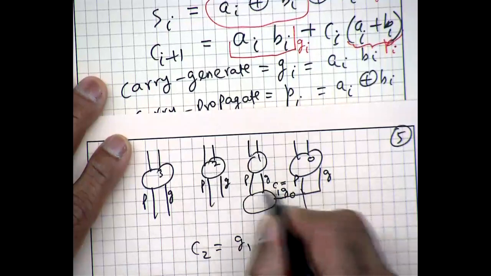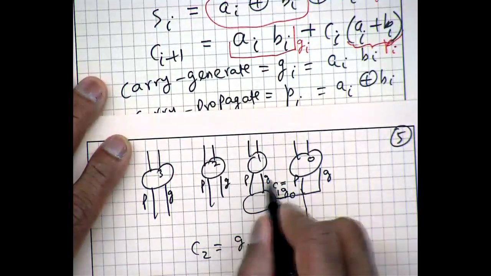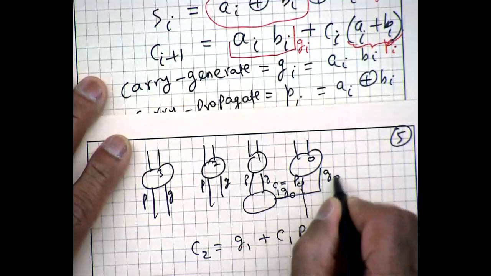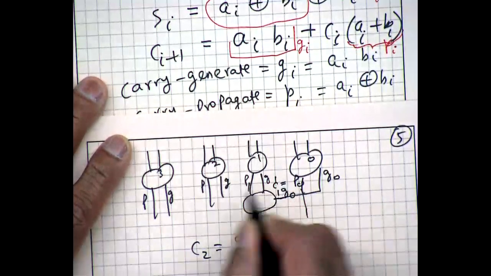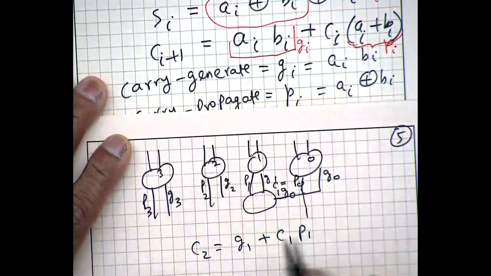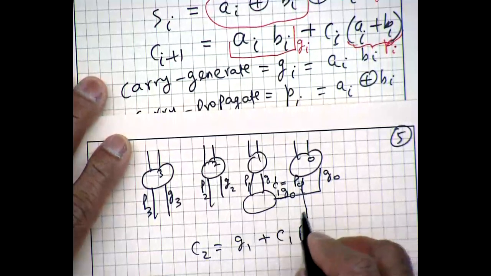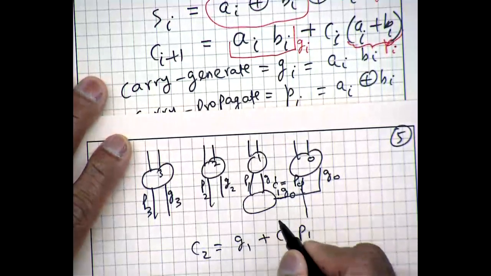So P1 and G1 are here. So let's call it P0, G0, P1, G1, P2, G2, P3, G3. And then I got C1, so I can now generate C2.